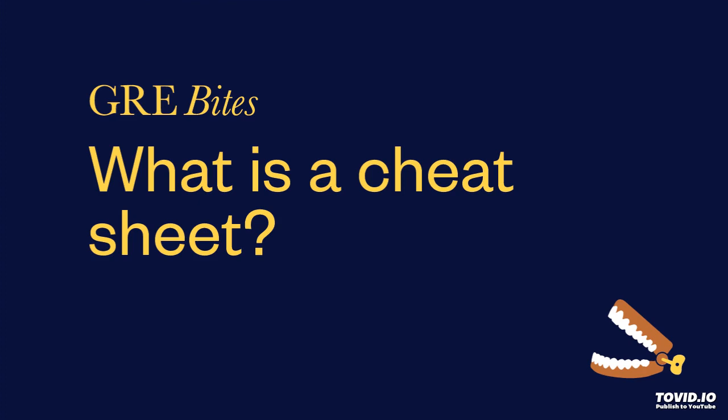Yeah, the cheat sheet is something that is very important. Basically, everything that you need to get a perfect score on the quantitative section of the GRE can be written on the front and back of a regular size sheet of paper. You have to write a little small, but you don't have to write like tiny.